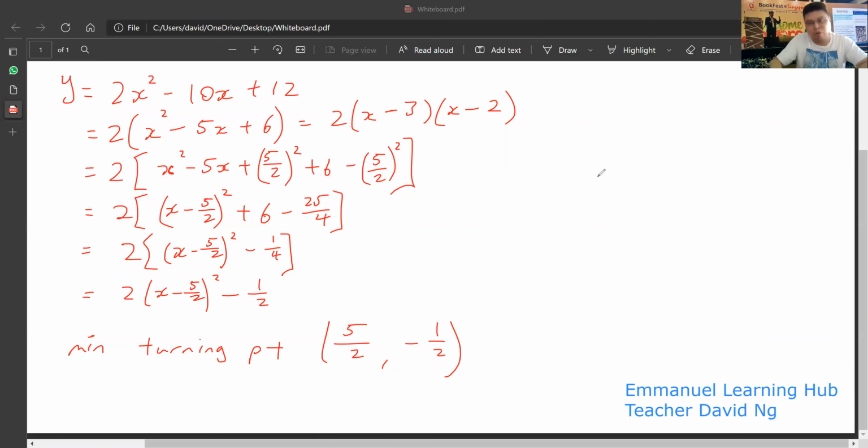So with all this information, you can effortlessly sketch your graph. U shape, right?